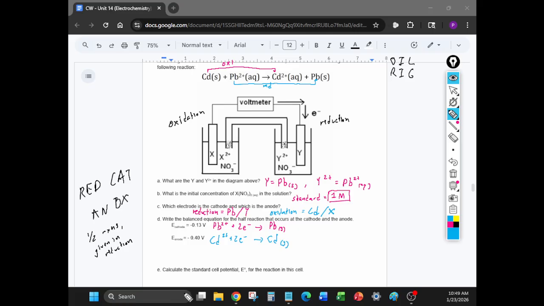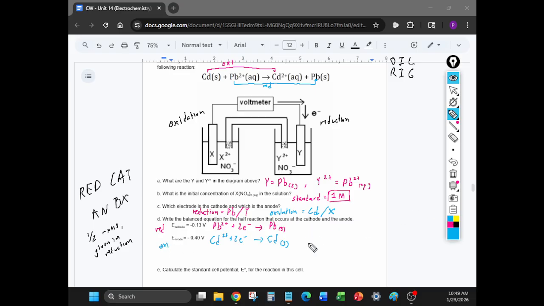And these are their electrical potentials. However, if you take a look up here, we can see that Cd is being oxidized and Pb is being reduced. So even though they're both given in reduction right here, for the oxidized one, we need to flip it.